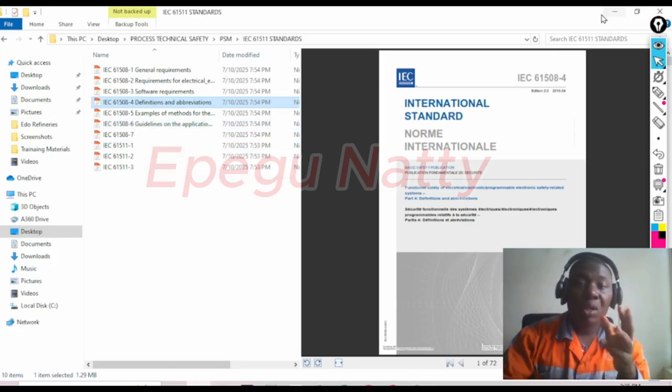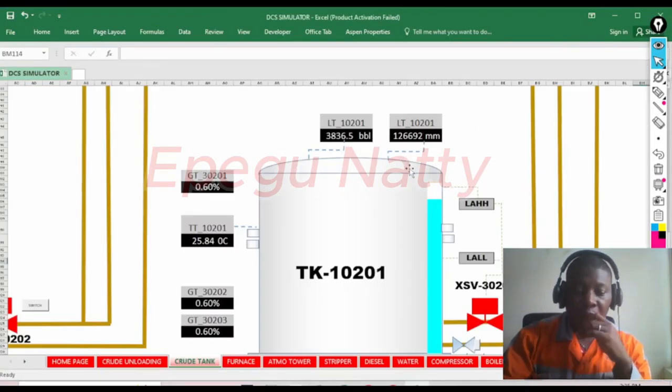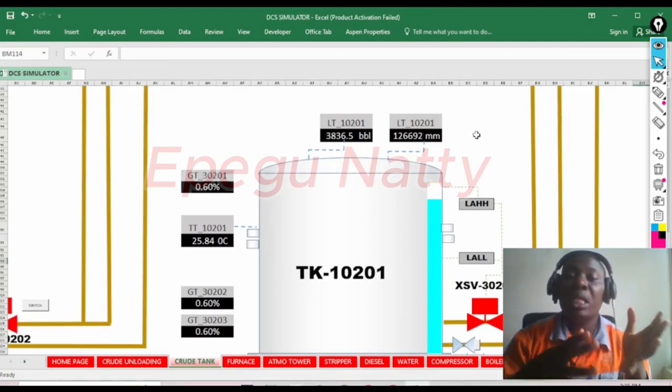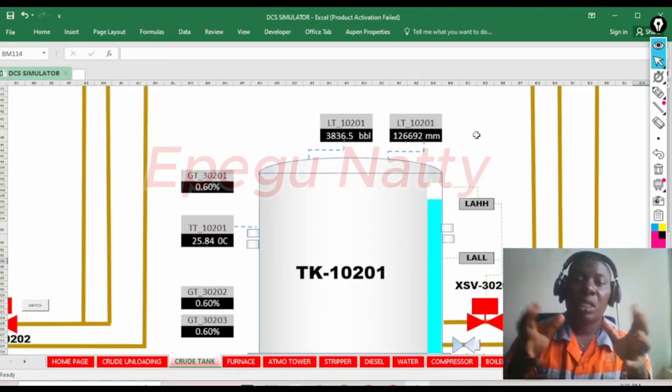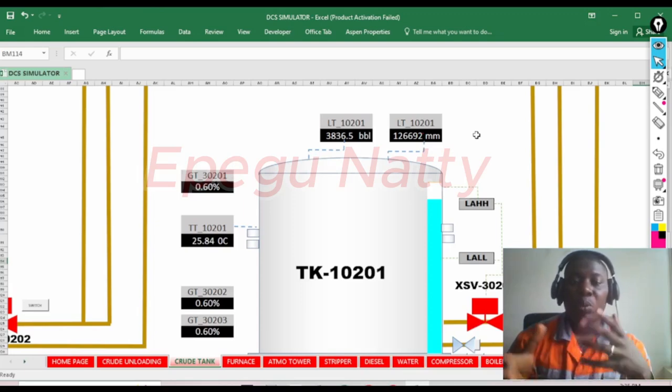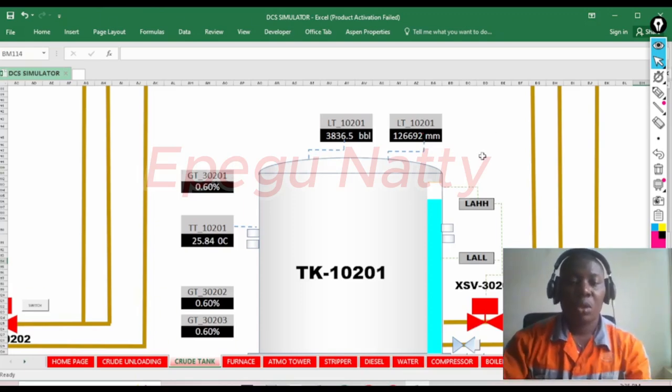So let's go back to our simulator. What we'll do now is demonstrate a loading operation, and then we see if we can bring out some points from this operation.